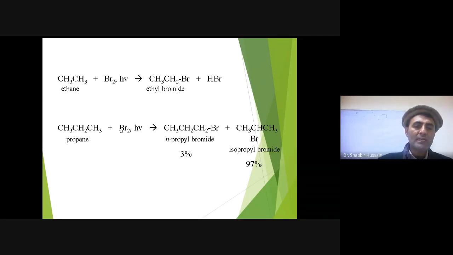So selectively it will react with the secondary free radical more than the primary free radical.